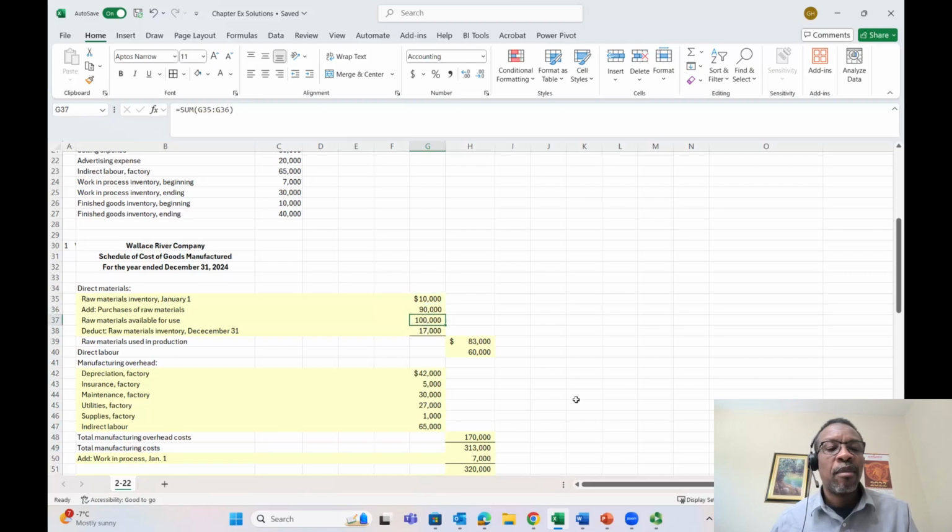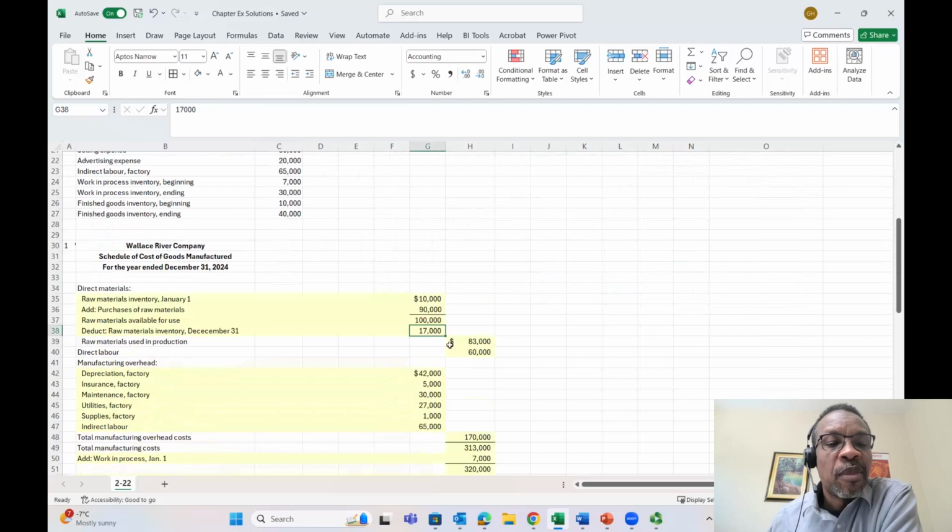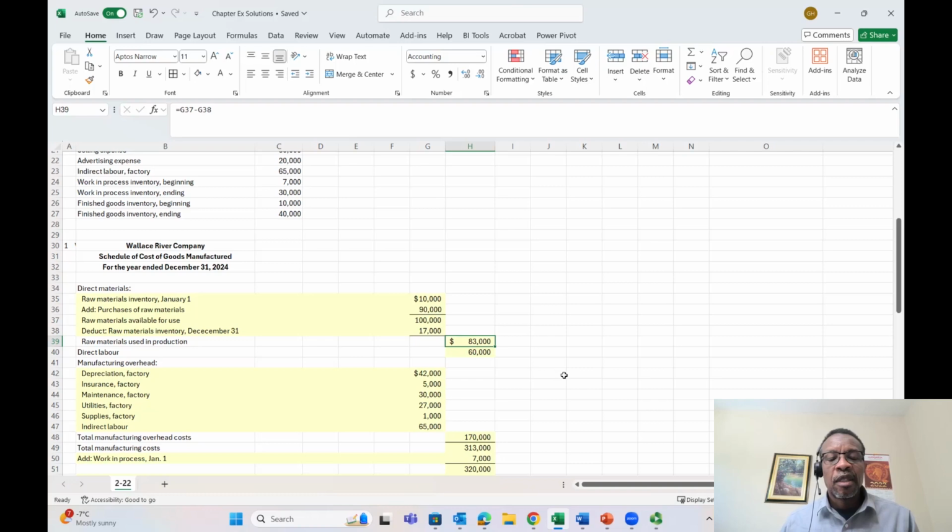So total raw materials now available to it would be 100,000. At the end of the period, that's on December 31st, there were 17,000 of raw materials in ending inventory. So we have to deduct that amount from the total raw materials available, and now we know the total amount of raw materials that was used in production.